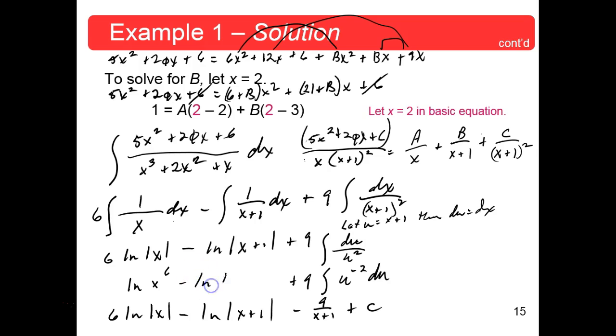Minus log absolute value x plus 1 minus 9 over x plus 1 plus c. Or you can combine logs. That would be the log of x to the 6th over the absolute value of x plus 1 minus 9 over x plus 1 plus c.